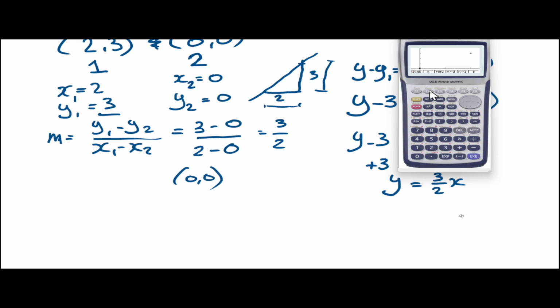I'm going to hit that, and it's going to give us the equation. So it tells us that y equals a, and for whatever it's calling a, it's the gradient m. 1.5, well, 3 over 2 is 1.5. B is 0, and we know that, we worked that out, and it will even draw it for us. We can also use tables on this as well, but I'm not going to just yet.